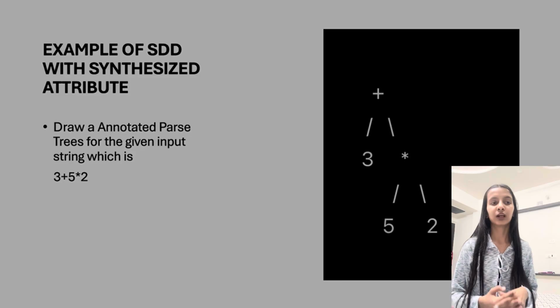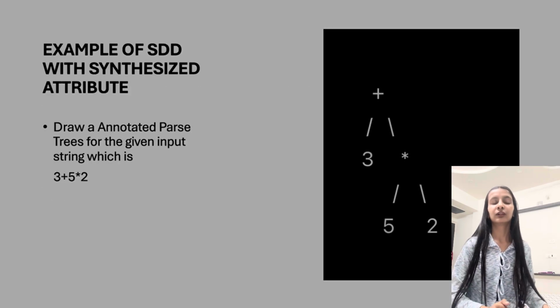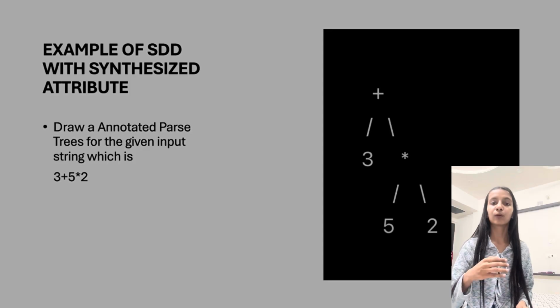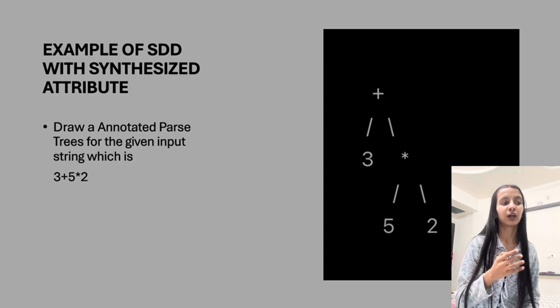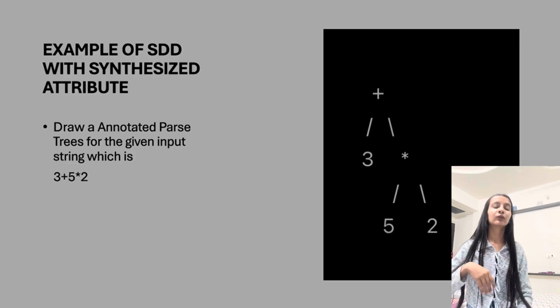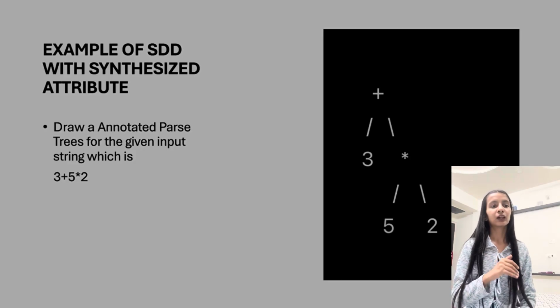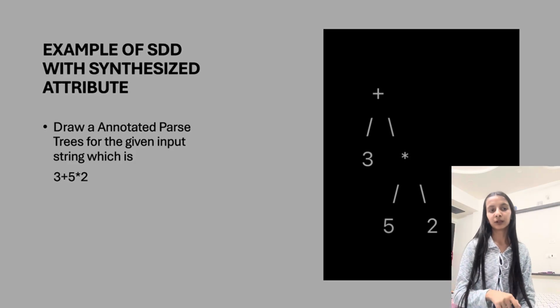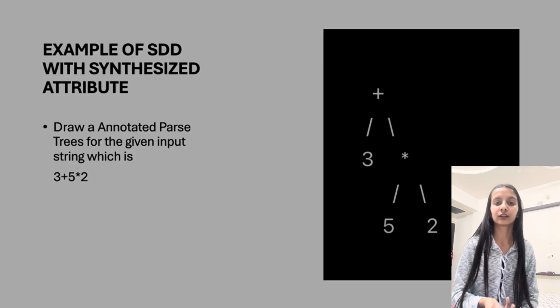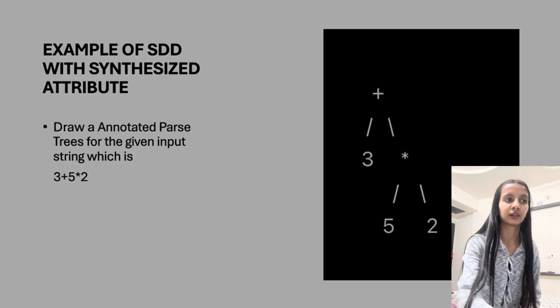As this is bottom-up traversal, we will take the multiplication from the bottom. So we multiply 5 and 2, that is 10. Then we go for addition, and we write 3. 10 plus 3 is 13. So the answer will be 13.